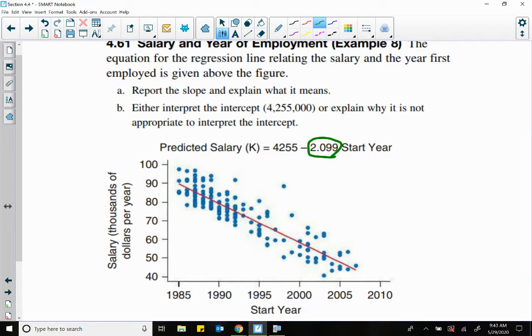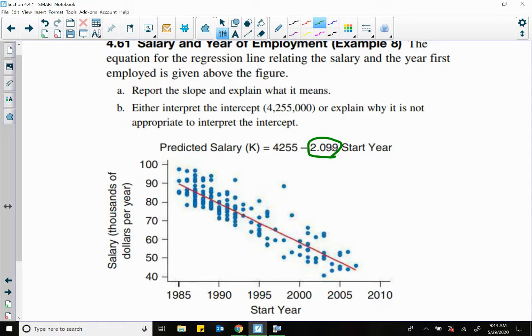Basically what it's saying is, as it gets closer to our current year, as you go from year to year, on average, you're going to lose 2.099 thousands of dollars per year in your salary. Kind of crazy.